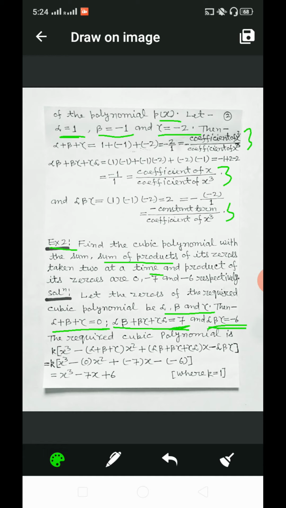Putting these values from above we get k into (x cube minus 0 into x square plus minus 7 into x minus (minus 6)), and after solving we get x cube minus 7x plus 6, here taking the value of k equal to 1.